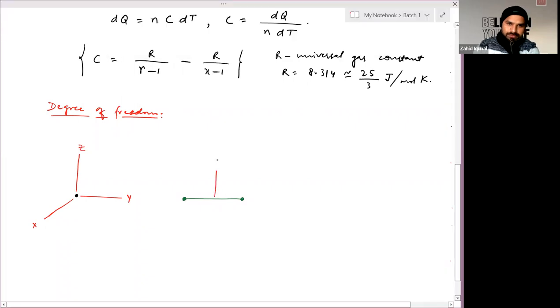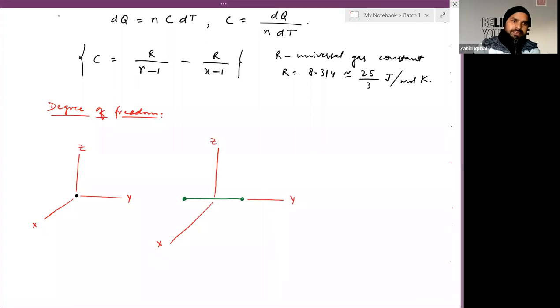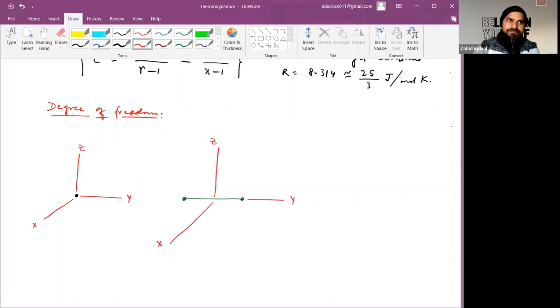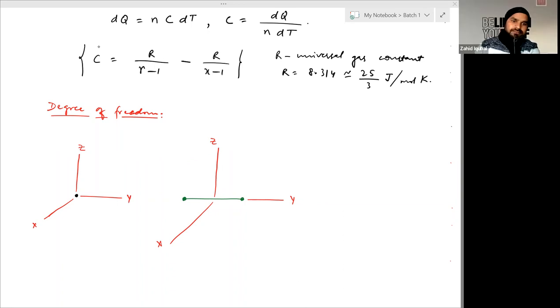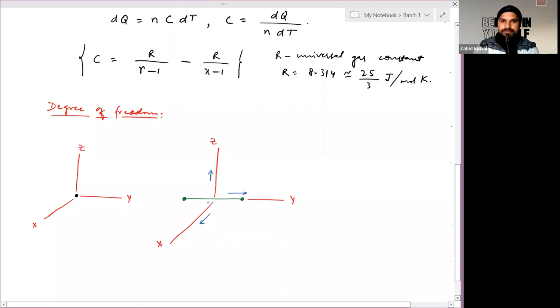So it will move along the X, Y, and Z axes, meaning it will have 3 translational motions.